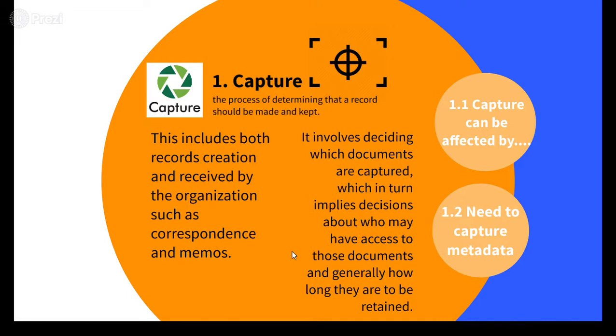It involves deciding which documents are captured, which in turn implies decisions about who may have access to those documents and generally how long they are to be retained. We have two subtopics. Number one is how capture can be affected, and number two is the need to capture metadata. Okay, we go to number one.